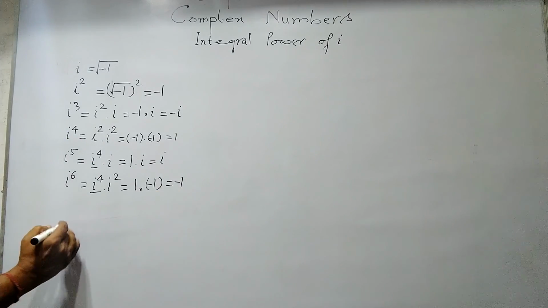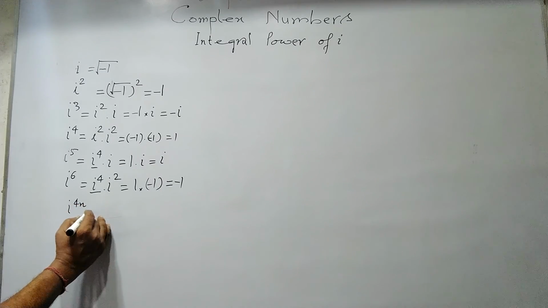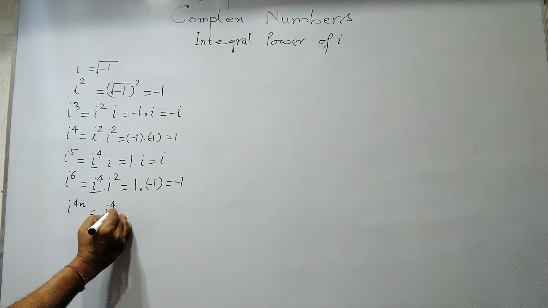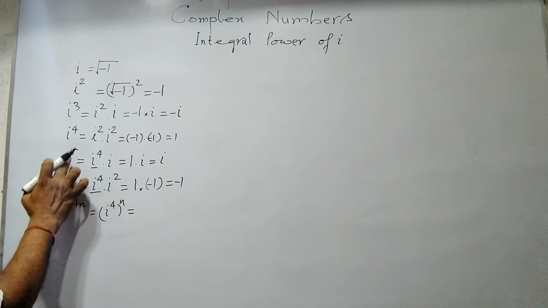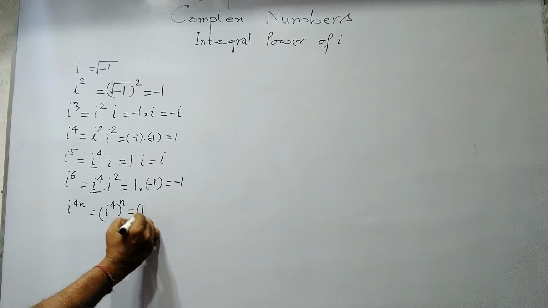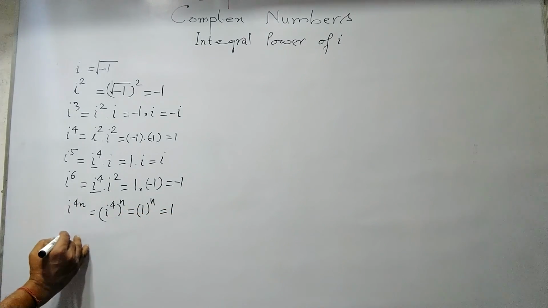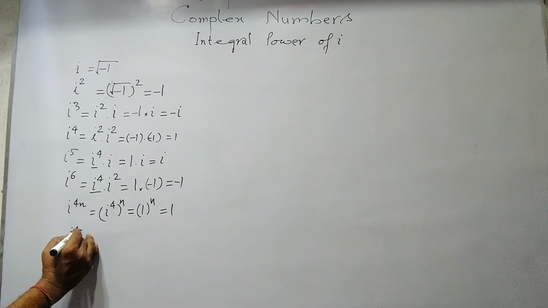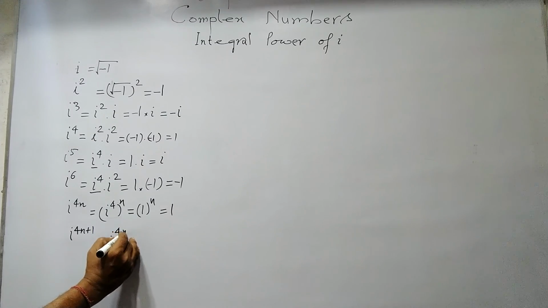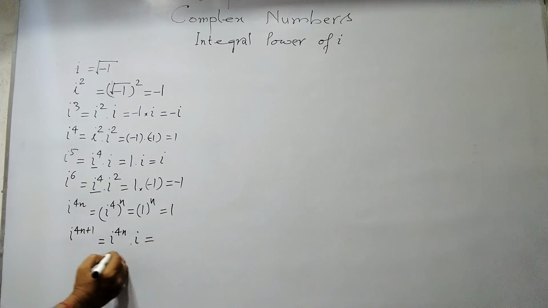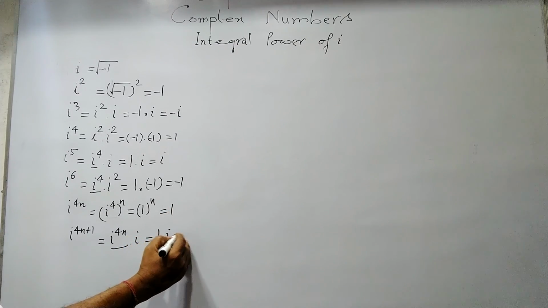Then if we write i to the power 4 is equal to 1, then i to the power 4 to the power n is 1 to the power n, which is equal to 1. Then if we say i to the power 4n plus 1, this can be written as i to the power 4n into i. i to the power 4n equal to 1, so this is i. Okay?